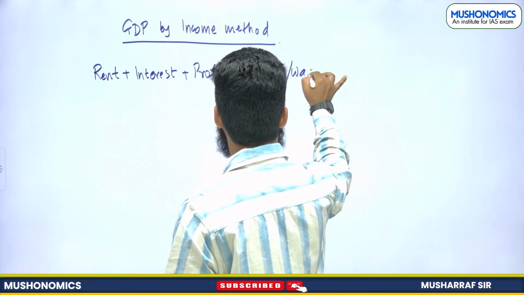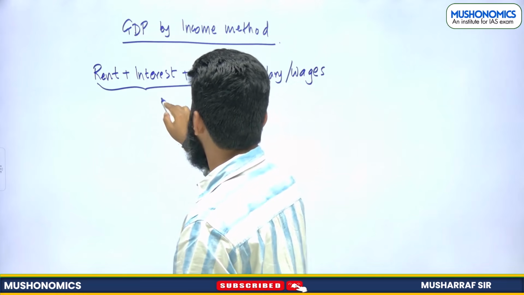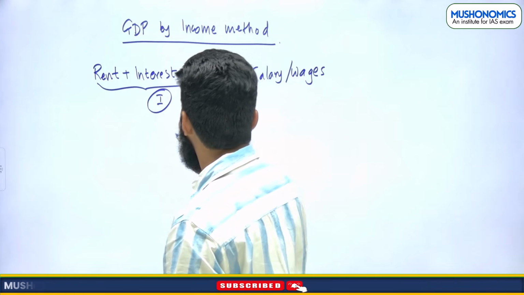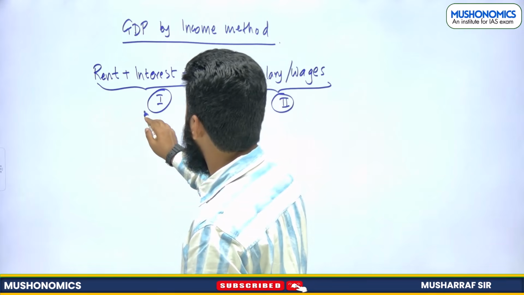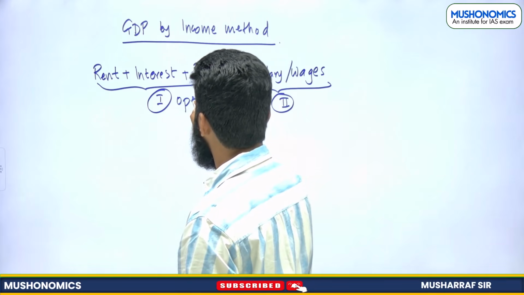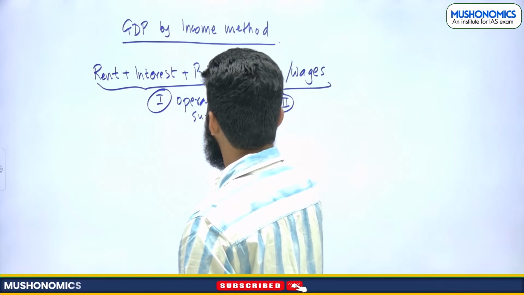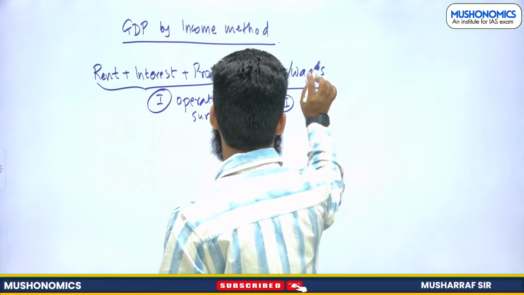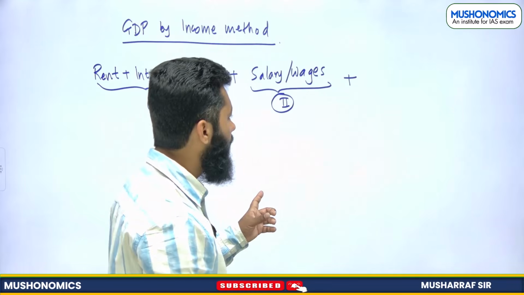We classify this as unit 1 and this as unit 2. This is what we call operating surplus, and this is what we call salary or wages. The third component can be mixed income.